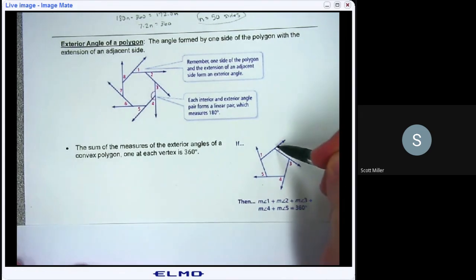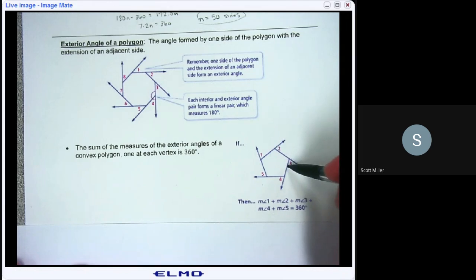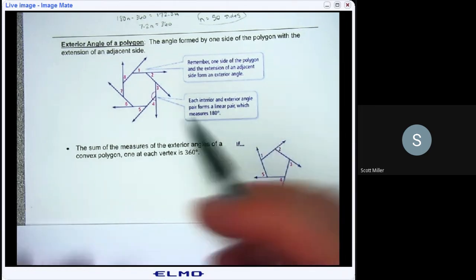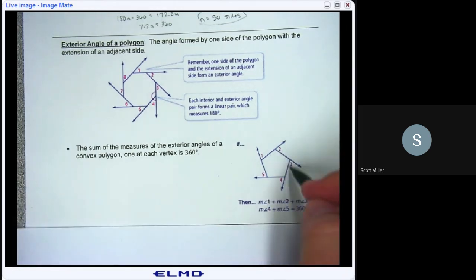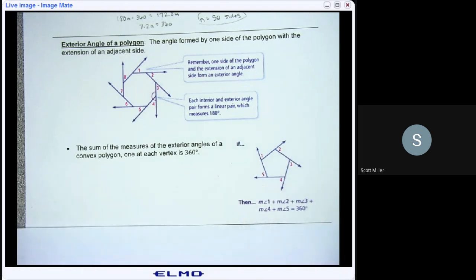If I start right here, and I walk here, and then I turn, and walk to here, and then I turn, and I walk to here, and then turn, and then turn, and then turn, basically all I've done is I've just gone around in one big circle. So that's why it's 360 degrees. If you think of it that way, it's pretty obvious that it's going to be 360 degrees because you're just going around in a circle. And 360 degrees is the angles of a circle.